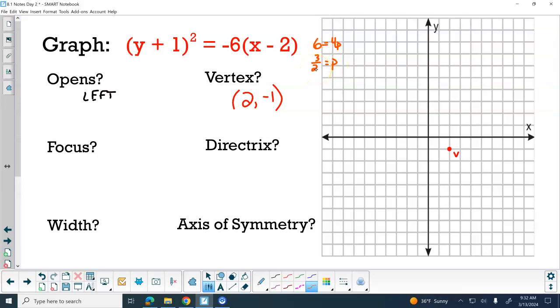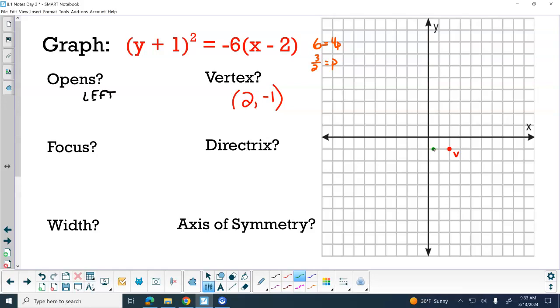So that means if my opening is to the left, that means my focus is 1.5 to the left. Oops. No, it's a distance. So that's why we said on Monday that it was absolute value.